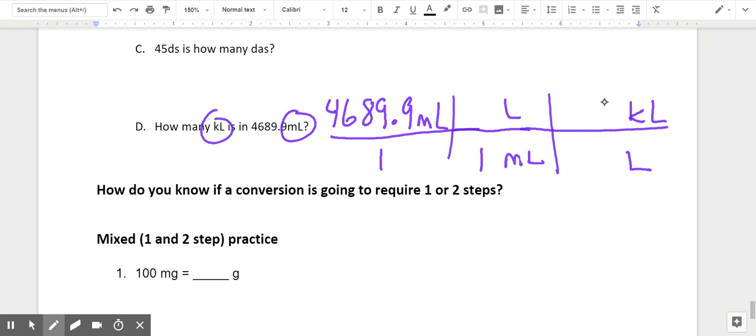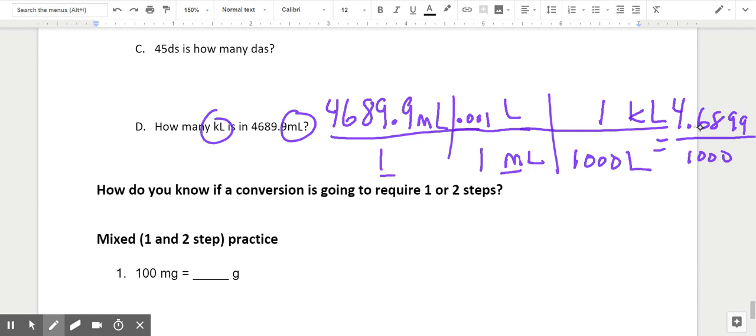1 goes with milli, 1 goes with kilo. 1 milliliter is 0.001 liters. 1 kiloliter is 1,000 liters. And now we multiply across the top. 4,689.9 times 0.001 is 4.6899. 1 times 1 times 1,000 is 1,000.